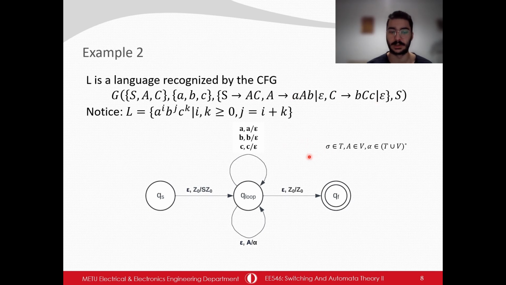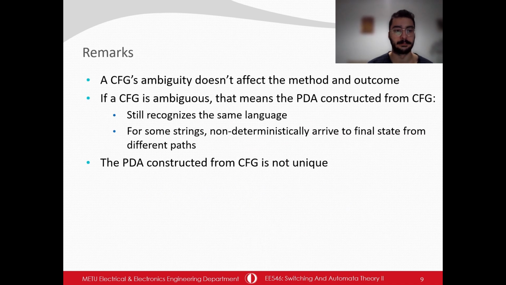Then we should have 5 transitions corresponding to each production rule. So S goes to AC is implemented here. A goes to AB is implemented here, and A goes to the empty string is implemented in here. And without thinking, without finding the language, without doing any effort, in an algorithmic fashion, we can construct this PDA.